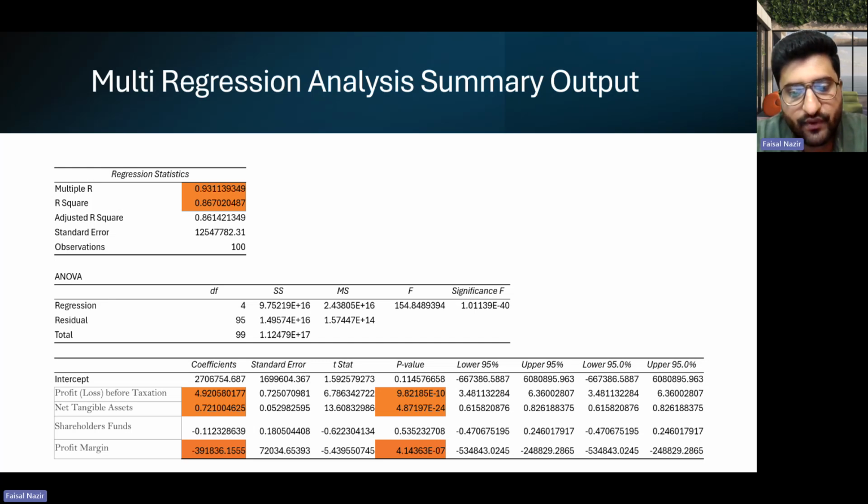The p value for profit margin is very low, confirming that this negative effect is statistically significant. The finding implies that a higher profit margin might correlate with lower turnover, potentially indicating a strategic focus on profitability over revenue growth.